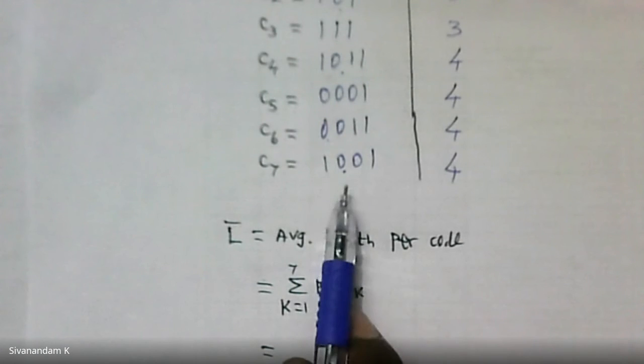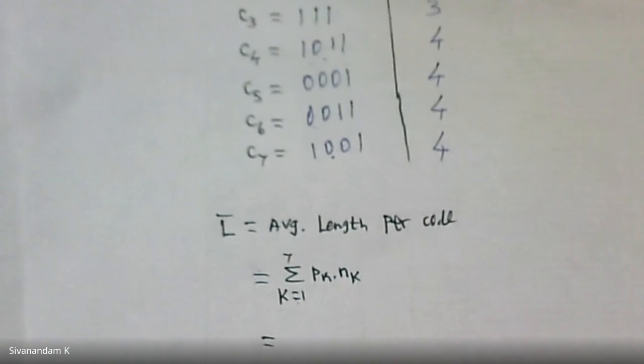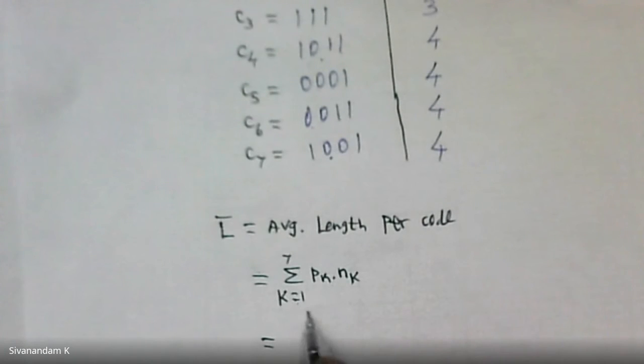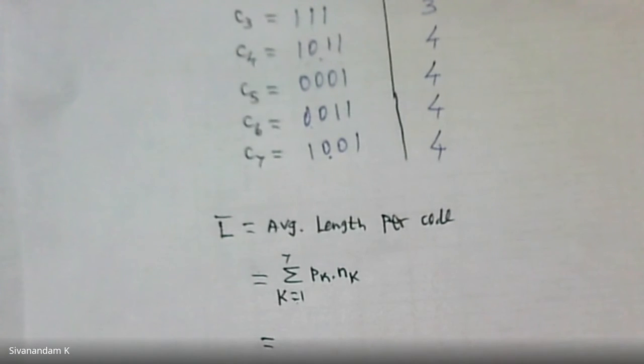Next step is we need to find out the average length of the code. So here totally 7 messages are present. So k takes values from 1 to 7. Summation over the limit k equal to 1 to 7 pk into nk. The first message probability is 0.4.